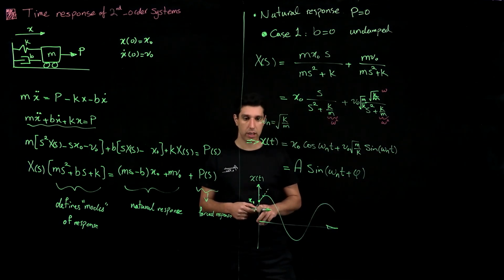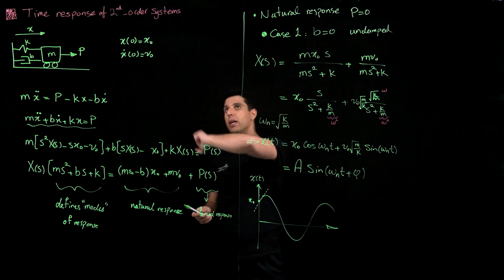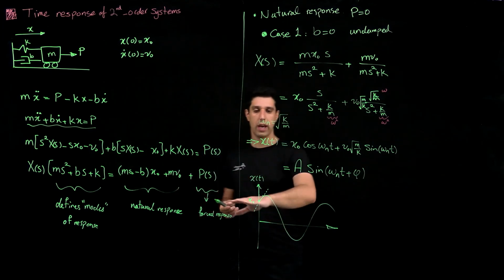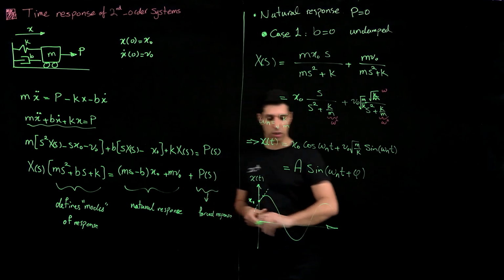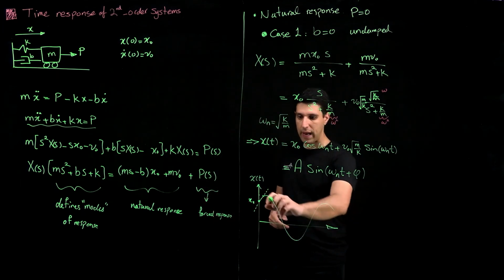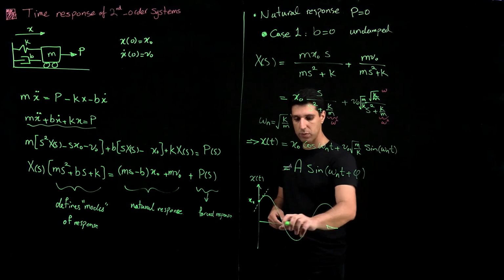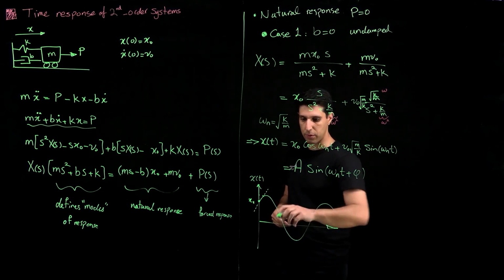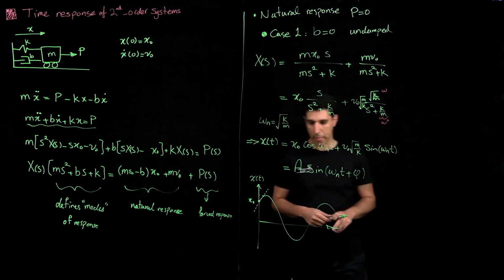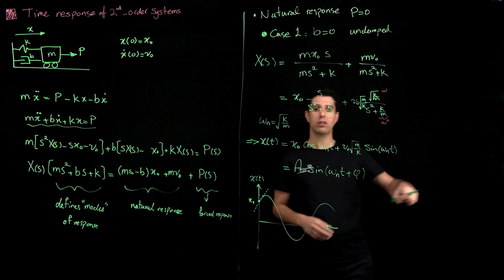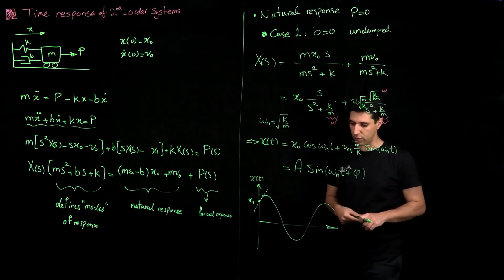And it is expected because we don't have damping, we would expect an oscillation, and the energy converts from maximum potential energy at these peaks to maximum kinetic energy at these points when we have maximum velocity. And there is no dissipation, so the amplitude of oscillation remains constant forever.